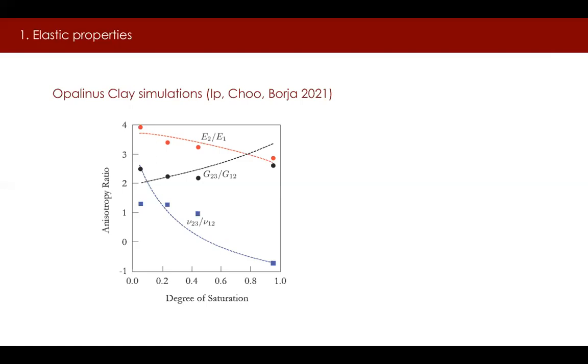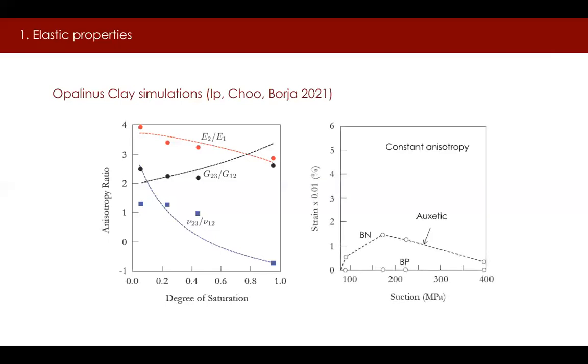The estimated shear moduli ratio, represented by the black dashed curve, slightly overestimates the ratio at the nearly saturated state and underestimates the ratio at the nearly dry state. The estimated Poisson's ratio anisotropy, represented by the blue dashed curve, is not quite good due to the poor fit of the linear function on one of the Poisson's ratios.